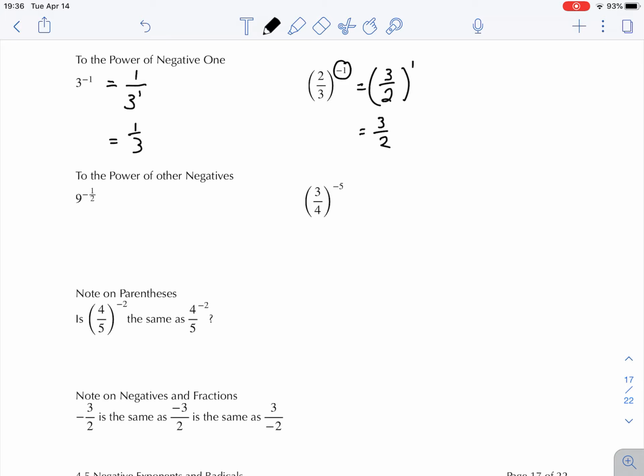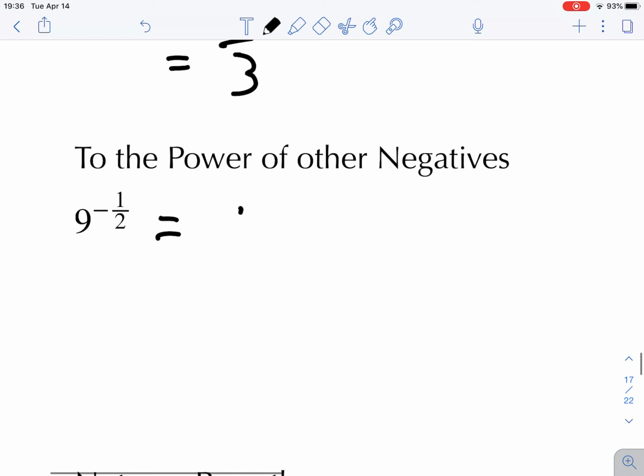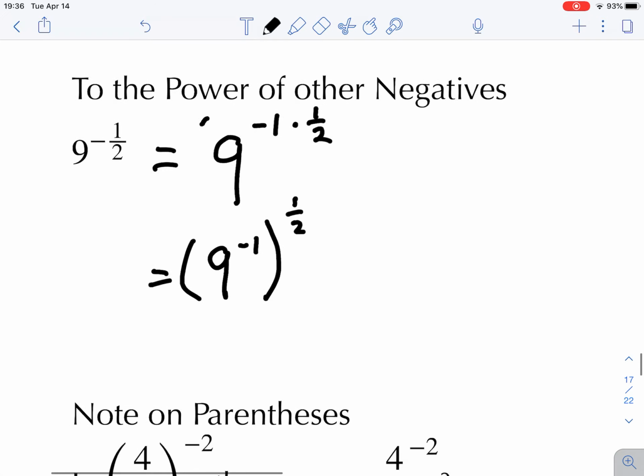All right, 9 to the power of negative 1/2. Let's rewrite this out here. This is 9 to the power of negative 1 times 1/2. You remember we talked about that just before. Now what that means is I can do this: this is 9 to the negative 1 to the power of 1/2.